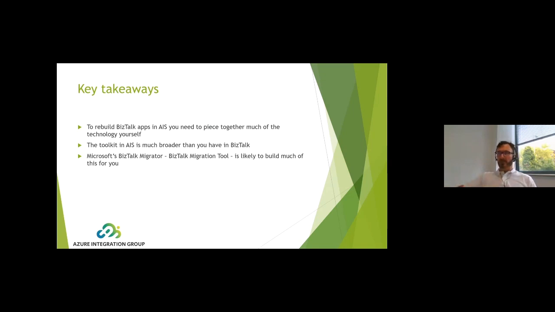Also, going back to the start, the reason this is a hot topic at the moment is that the BizTalk Migrator is probably going to do a lot of the heavy lifting for you in terms of build. If you've got a BizTalk app that you want to migrate into the cloud, that migration tool is likely to do a lot of the heavy lifting and give you a consistent result in AIS. We're not entirely sure when it's going to be released, or how rich the features are going to be, but it's coming soon, so keep an eye on that.